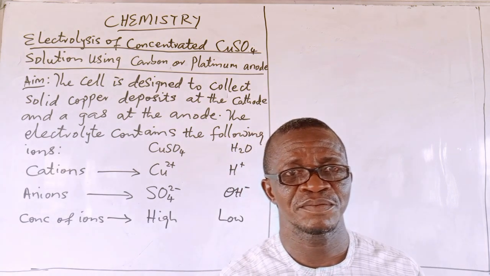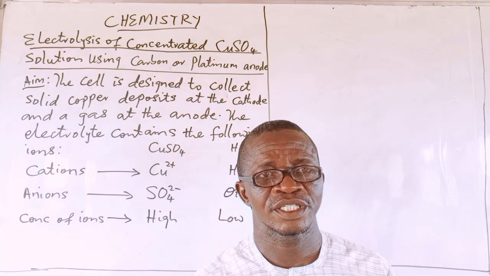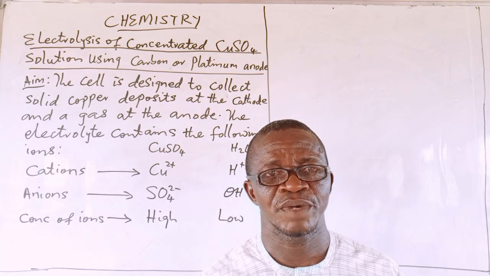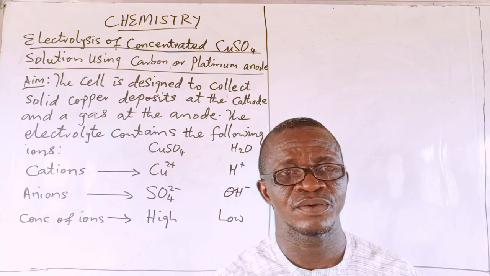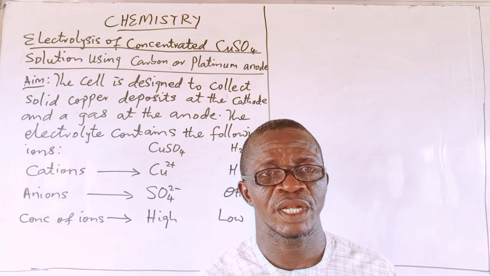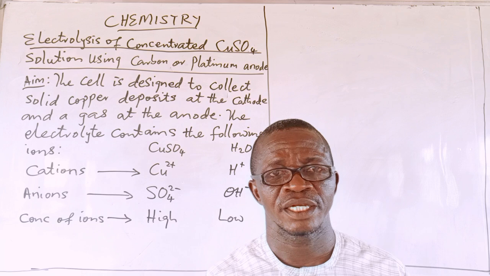In our last class, we talked about electrolysis and we defined electrolysis. We defined electrolyte. I gave you different types of electrolyte: strong electrolyte, weak electrolyte, non-electrolyte.